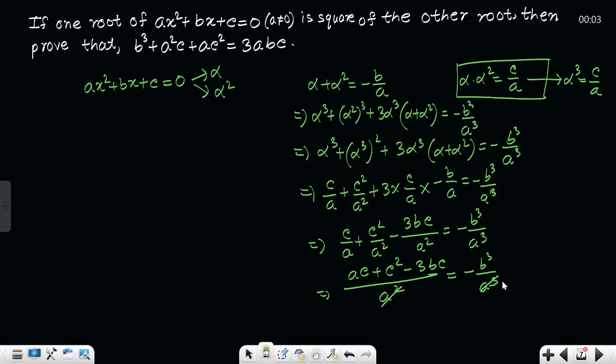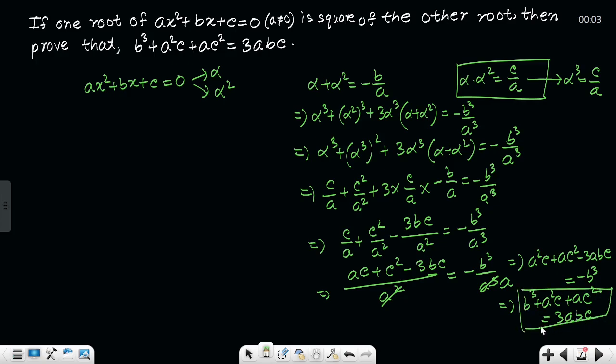A square and cube will be cancelled out and a will be left here. Now cross multiply, we will get a square c plus ac square minus 3abc equal to minus b cube. Now rearrange the terms, we will get our desired answer, b cube plus a square c plus ac square equal to 3abc. We got it. Okay, we got the proof.